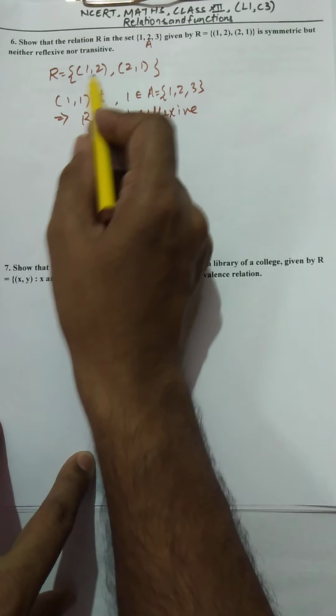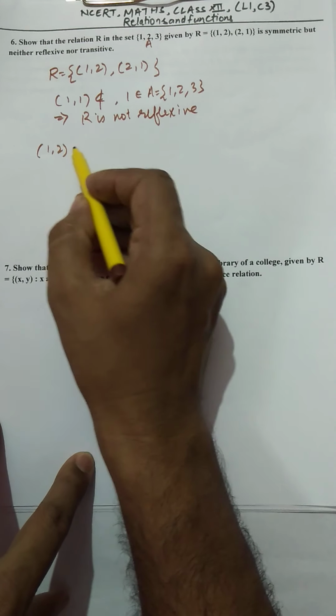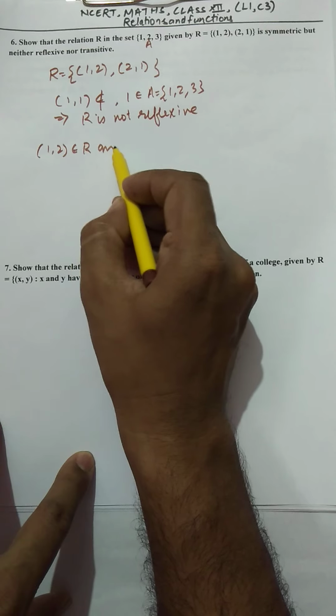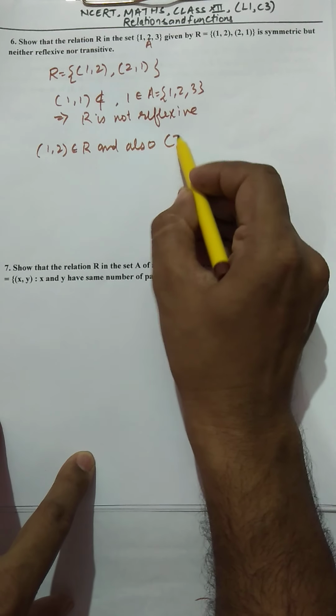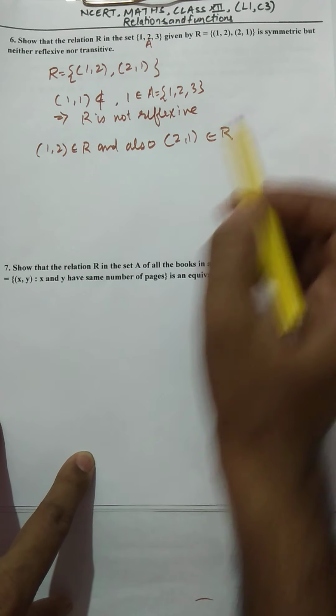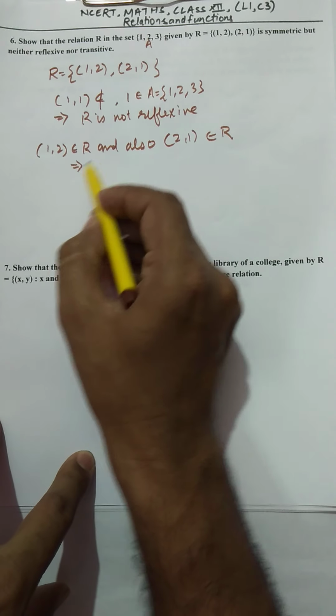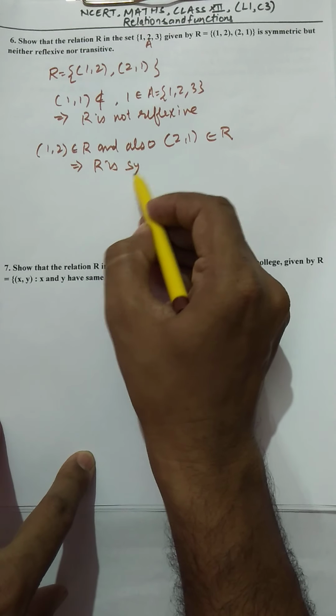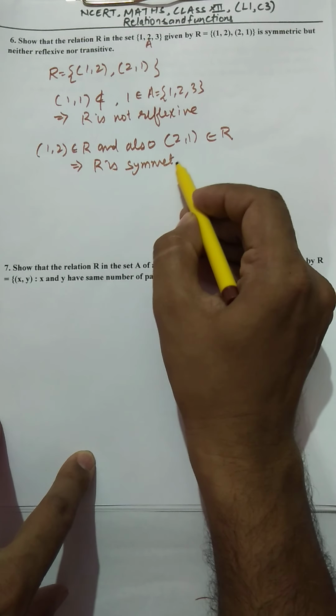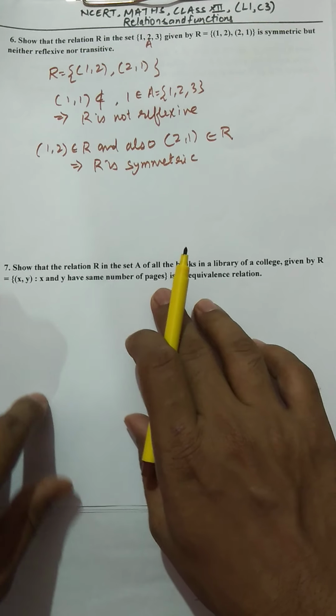You can see in this relation that (1, 2) belongs to R and also (2, 1) belongs to R, and there are only two elements in this relation, so we can say this R is symmetric. Now come to transitive.